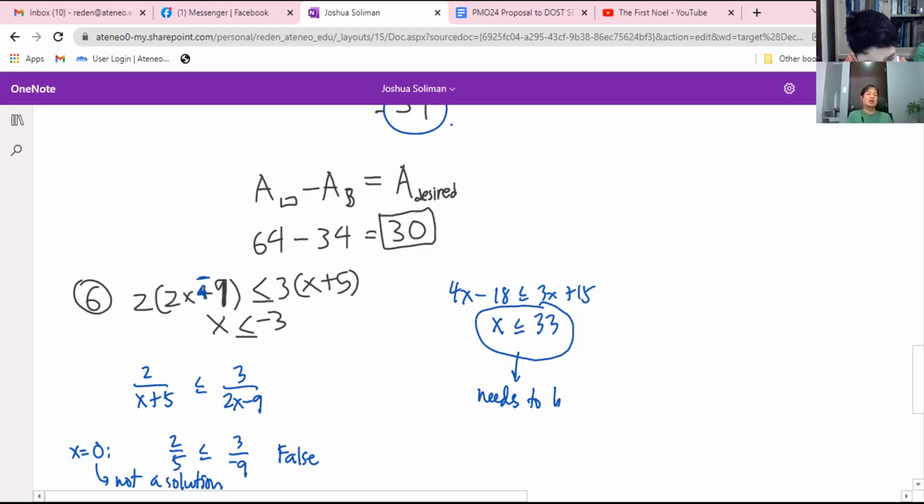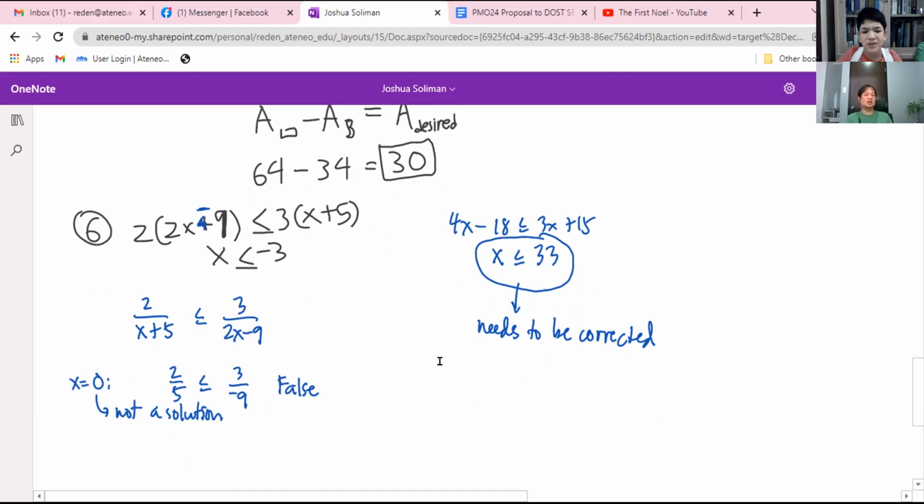Okay, because describing all values of x solving the given inequality as those values of x which are less or equal to 33, we realize there are numbers like 0, which when you replace x with, does not fit the inequality. So therefore, the solution set.